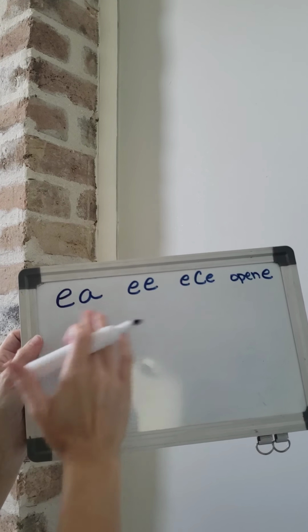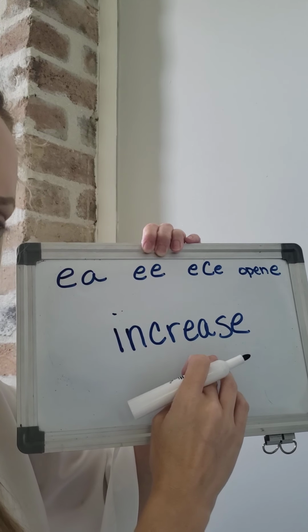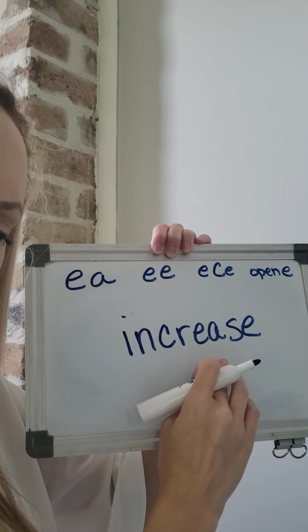Okay? This word is increase. So, there's lots of vowels in this word. Let's identify those. We've got EA and E again. Okay, so that's why it's unusual. We've got a silent E at the end of our word, but we also have that EA pattern right here in the middle.